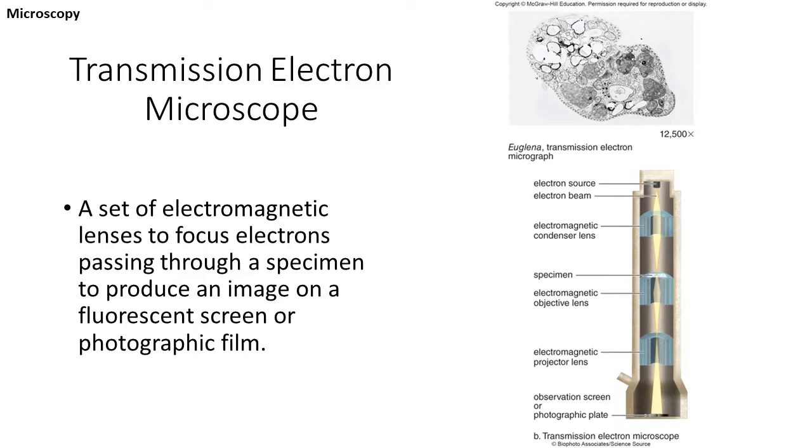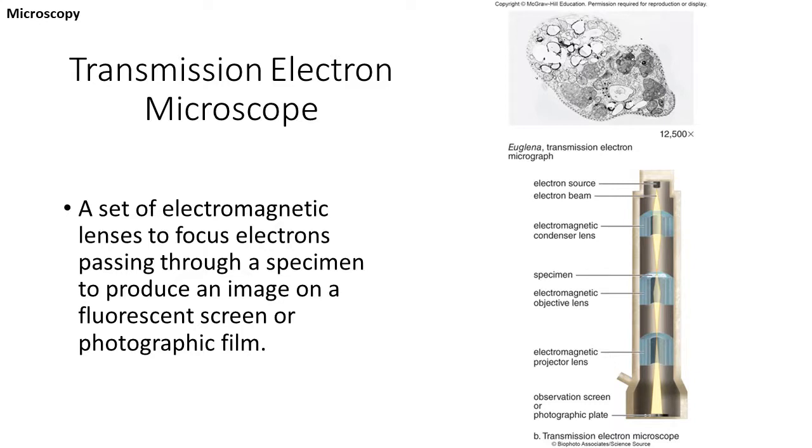The image that's produced is similar to focusing a beam of electrons: the beam is focused by one set of lenses, and then it's sent through another set of lenses that focuses it even further. And then the electrons are transmitted through the specimen.